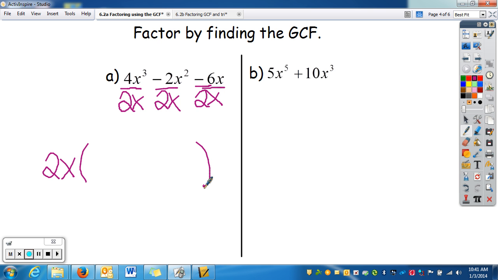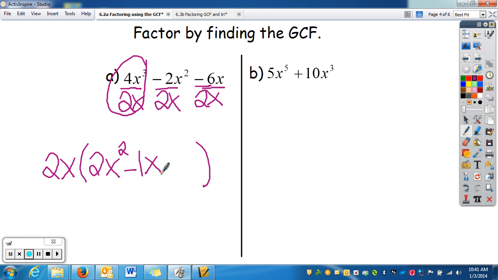2x, and then I figure what divides each of them, or divide each one of these out. So I first look at 4x cubed divided by 2x. 4 divided by 2 is 2. X cubed divided by x is x squared. Then negative 2 divided by 2 is negative 1. And then x squared divided by x is x.